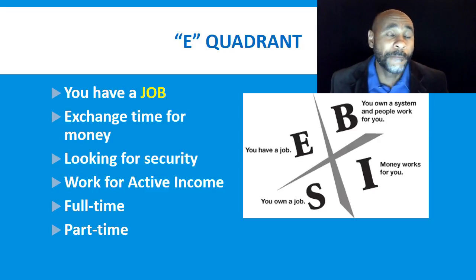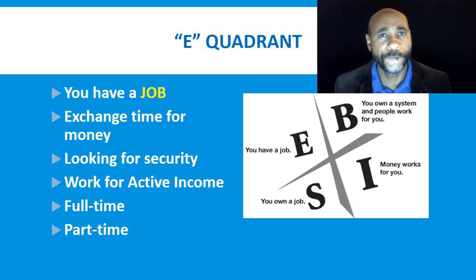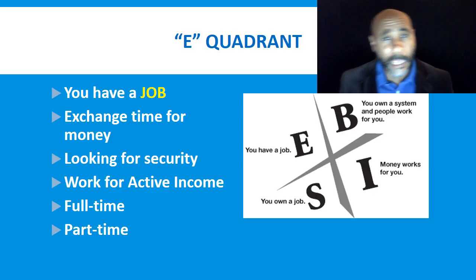So even though I may love being a professor, technically I have a job, all right? Which also means that I exchange time for money. That's right. So every day I go to the college, I give them my time, energy, effort, and skills, and in return, I get a paycheck.